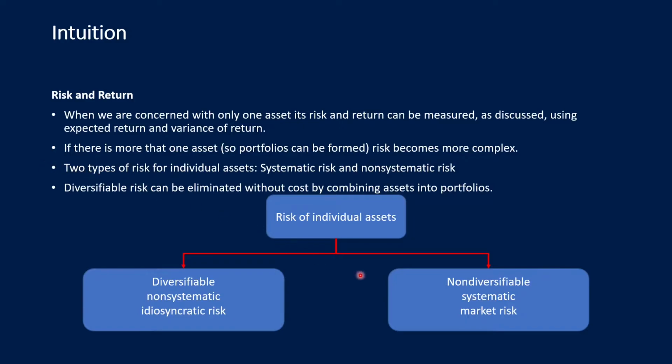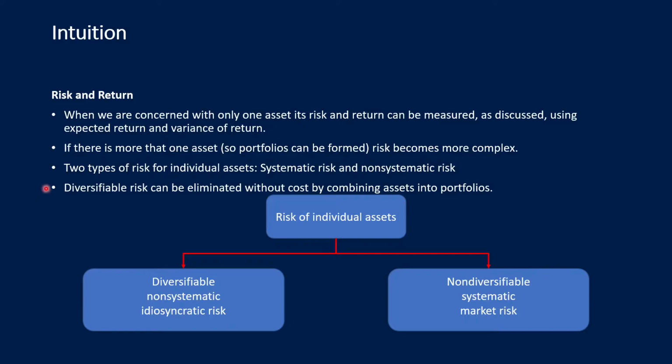You can see this down in this little chart. The risk of individual assets can be split into diversifiable, non-systematic, or idiosyncratic risk. These are all words for the same. And non-diversifiable, systematic, or market risks. These are all three words for the same.